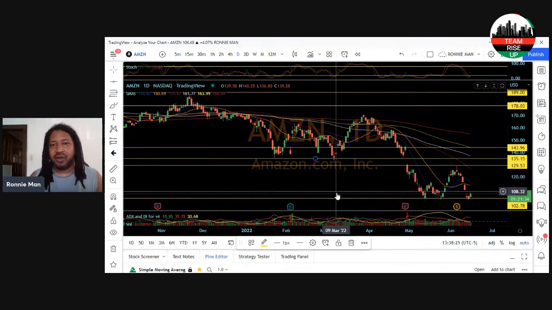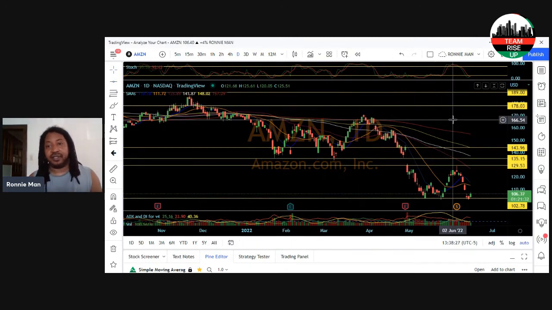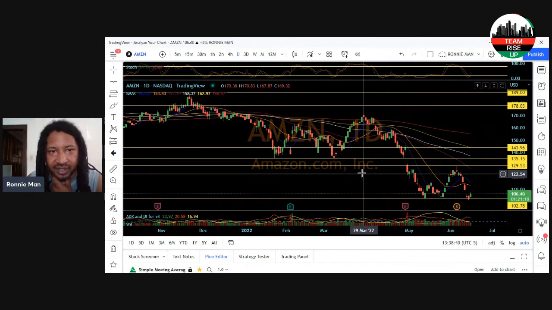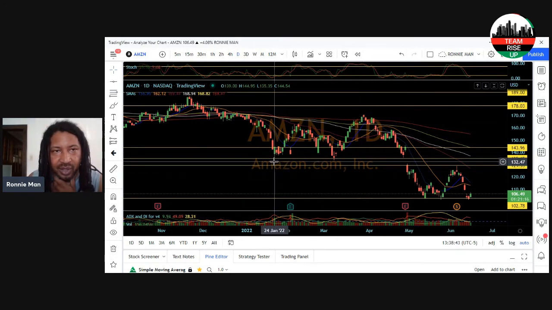Now, I also want to say this, and it's very important that you all understand this. A support and resistance is not just a particular number, right? See what I'm saying? Here, the low, it came down to 135.35, right?